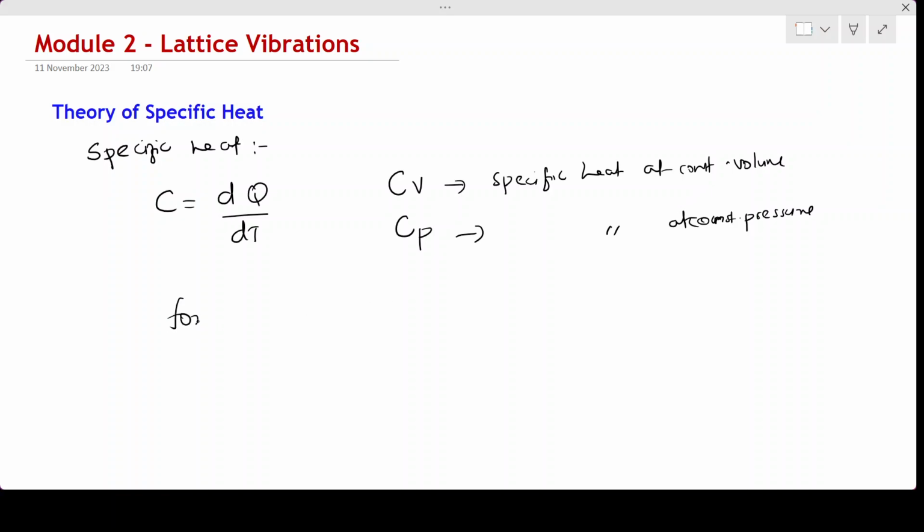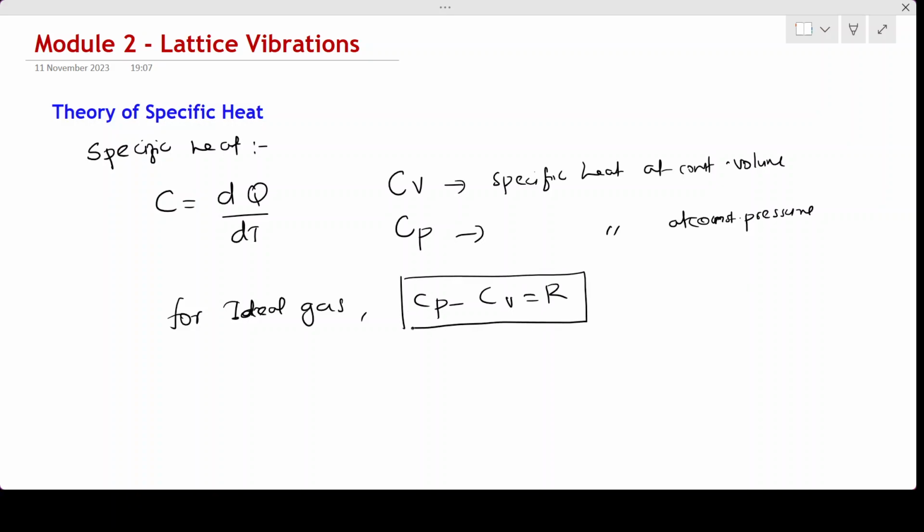And there is a relation for an ideal gas: Cp minus Cv is equal to R. This relation is also called Mayer's relation. Cv, the specific heat at constant volume, means you are supplying heat Q from outside to the object, and you are increasing the internal energy of that gas.